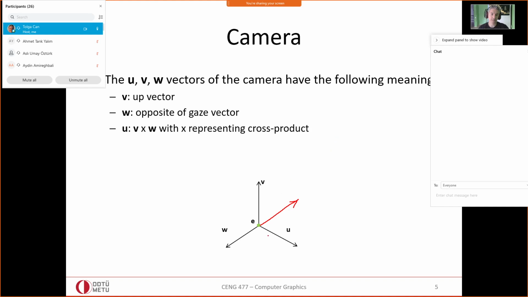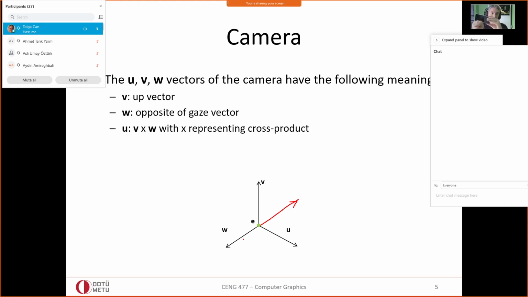As I said, it's local because this point E can be in an arbitrary location with respect to the world coordinate system. If the world coordinate system is somewhere here, this E can be in an arbitrary location, and these axes may be oriented in an arbitrary direction depending on where you want your camera, your gaze, to look at.